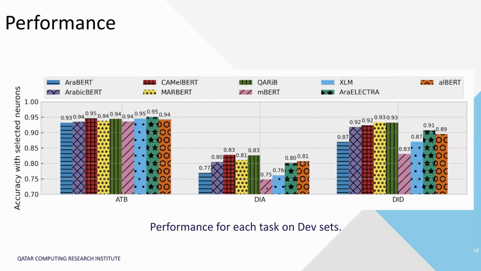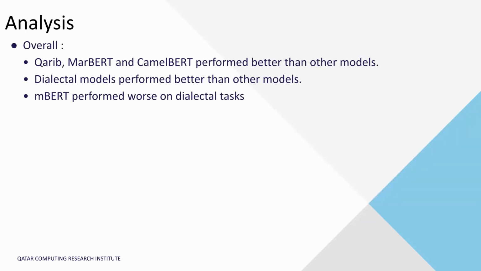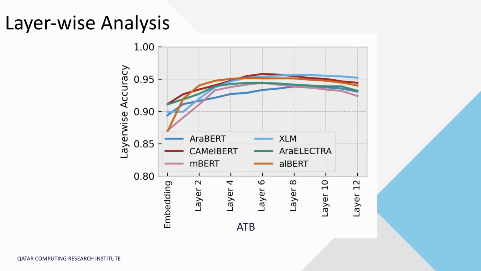So let's dig further. This is just a recapitulative slide about what we have seen in the graph. Qarib, Marbird, and Camelbird perform better. Dialectal models perform better than the other ones, and MBERT performed basically the worst. Now let's look at the overall performance, but per layer, for each of these tasks.